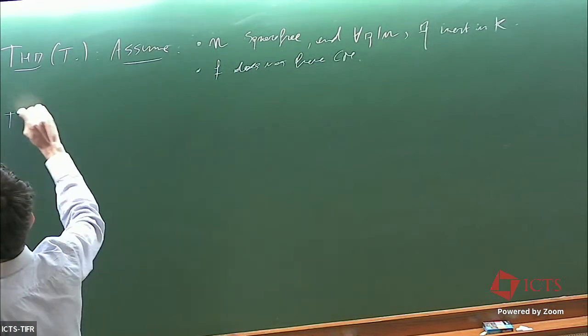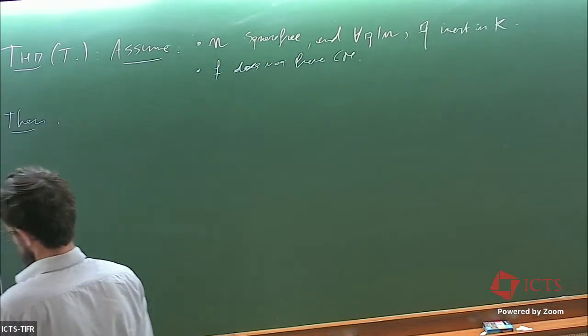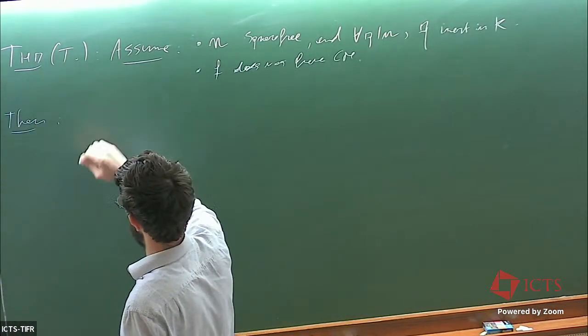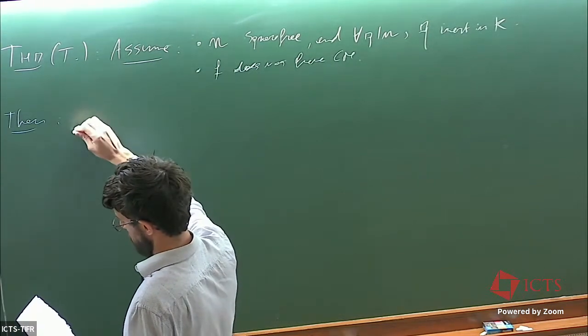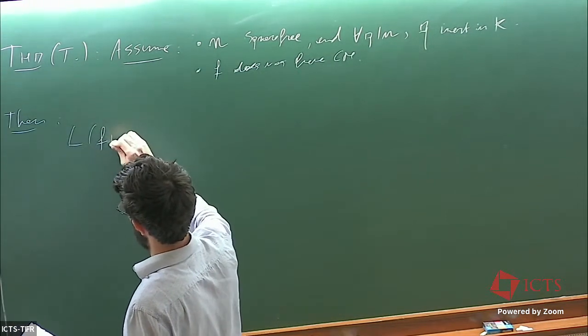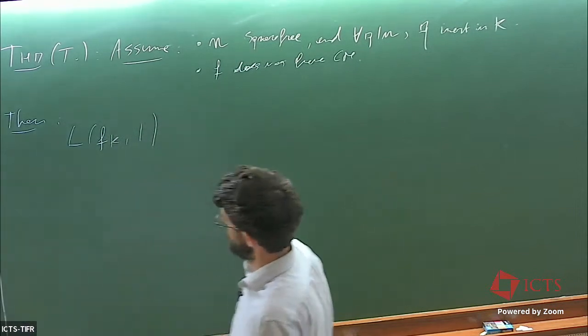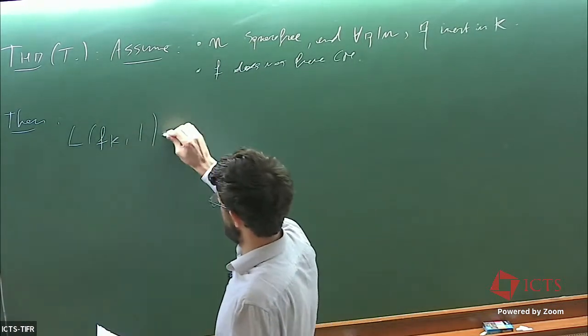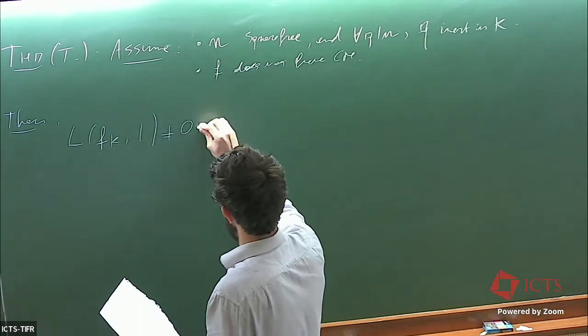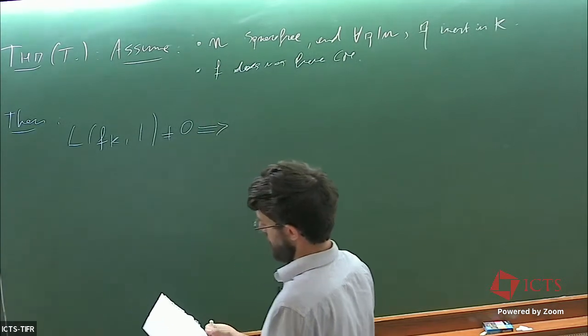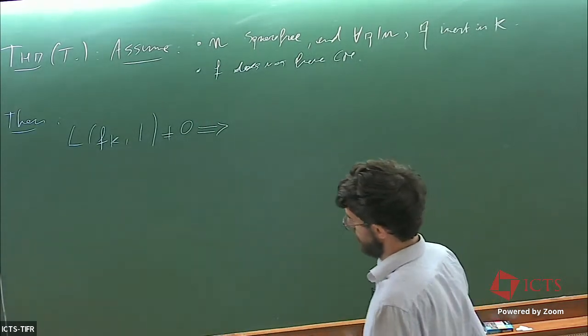And what's the conclusion? Then I get the following implication. Suppose that the L function of f base change to K at 1 is non-zero. Then, as I said, you get one inequality in this Bloch-Kato special value formula.